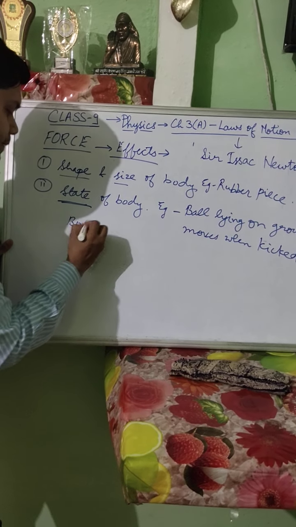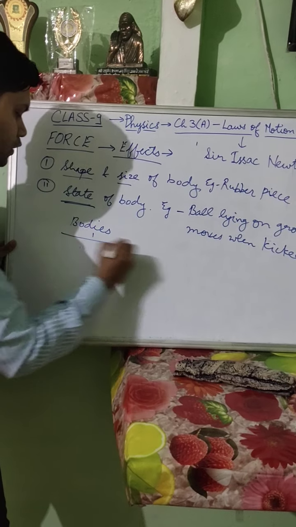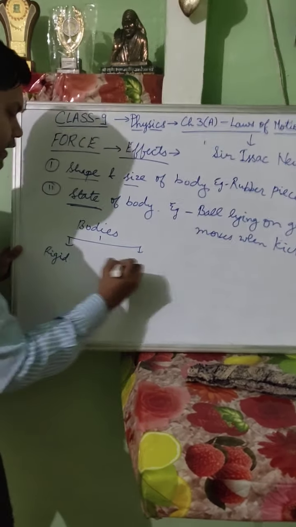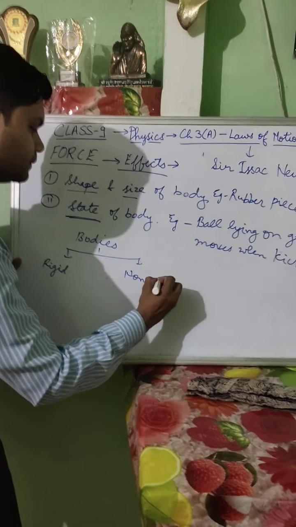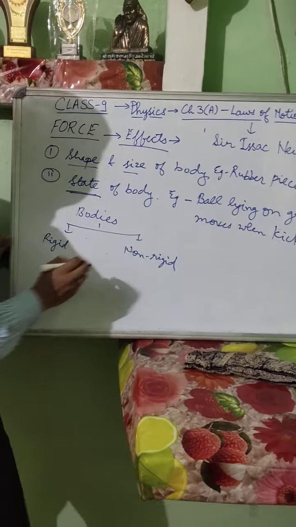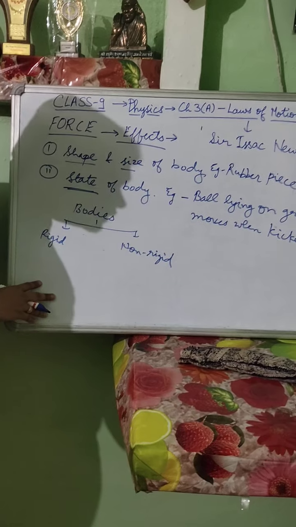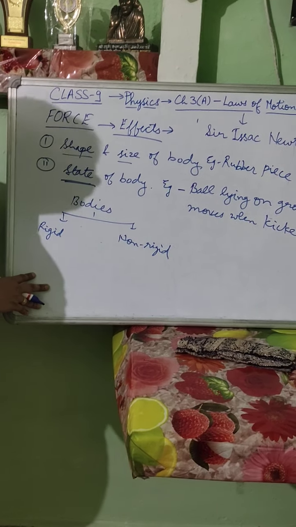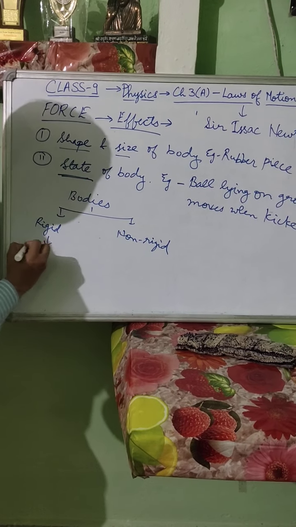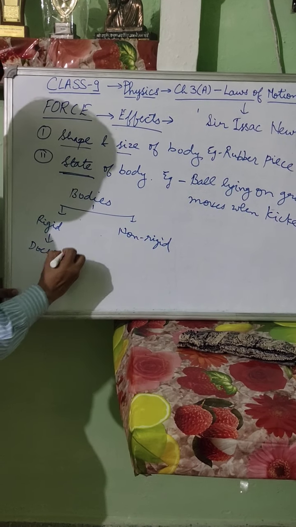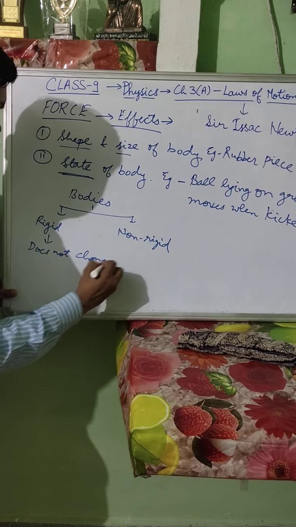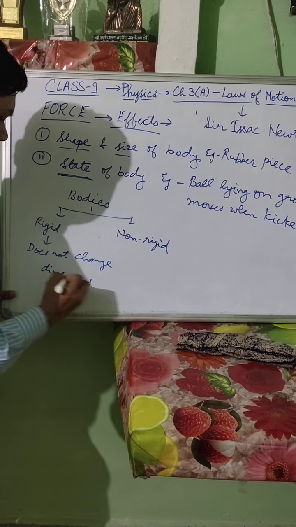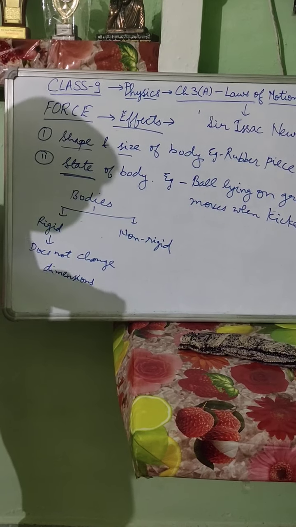Bodies are of two types. What are the two types of bodies? Rigid bodies and non-rigid bodies. Rigid bodies are the bodies which do not change their dimensions even on applying force.